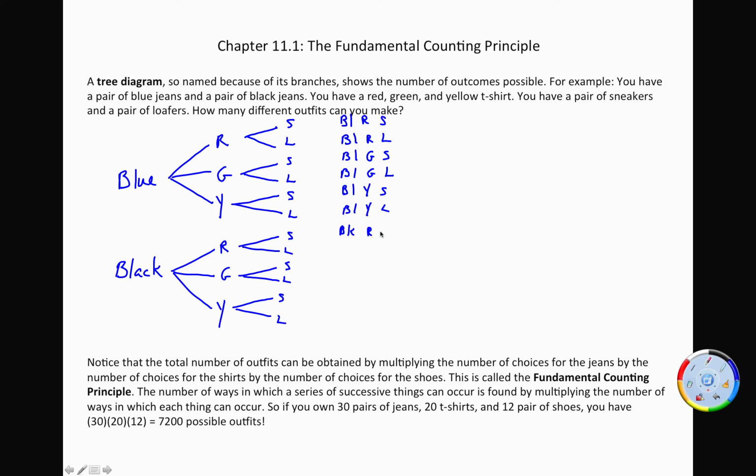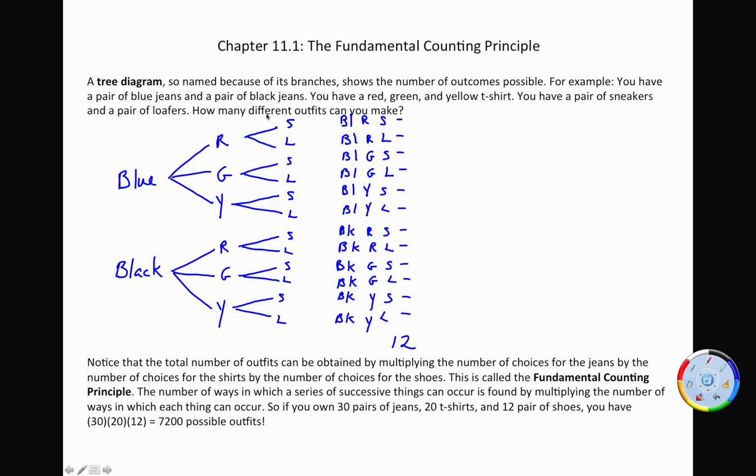So black, red, sneakers, black, red, loafers, black, green, sneakers, black, green, loafers, black, yellow, sneakers, black, yellow, loafers. So 1, 2, 3, 4, 5, 6, 7, 8, 9, 10, 11, 12 different outfits can be made.